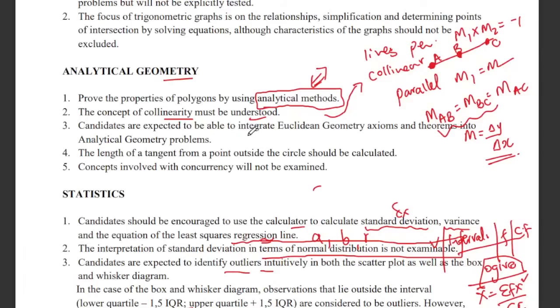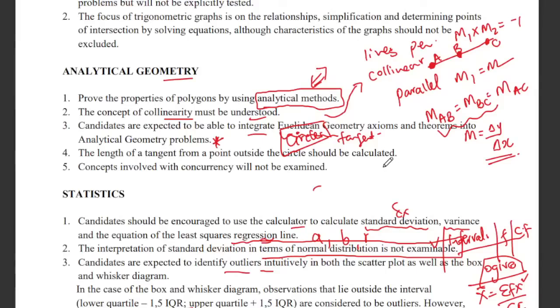Candidates are expected to be able to integrate the Euclidean geometry axioms as well as the theorems into analytical. So there are cases, mostly when you're talking about circles, where they bring in issues to do with tangents. Circles and tangents are knowledge from Euclidean geometry. Apply the same properties.